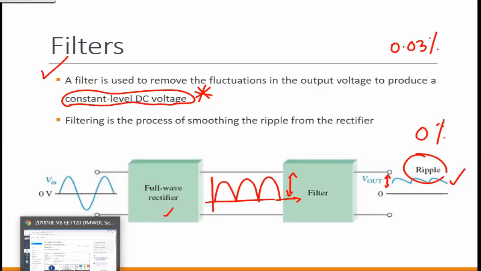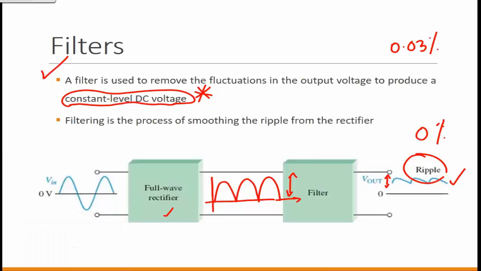So there are two things involved once the signal passes through the filter. If you look at those two formulas, what you will see is VR peak to peak. That's called the ripple peak to peak. And another value you will see is VDC, which is the DC voltage.